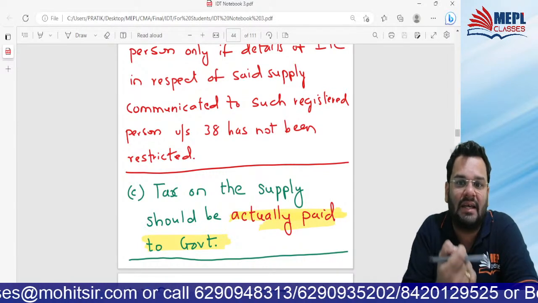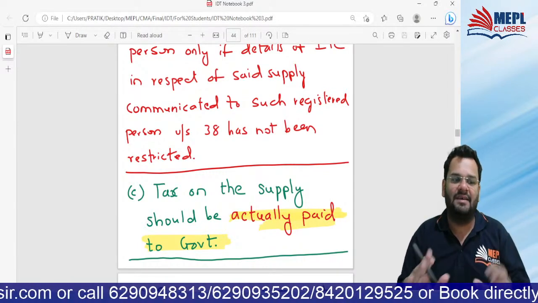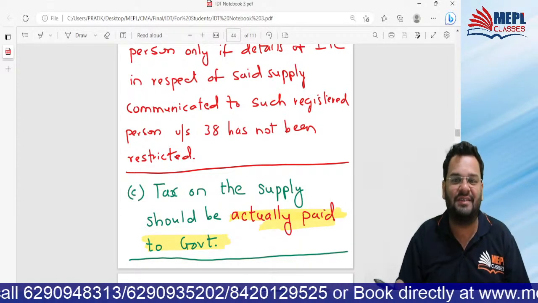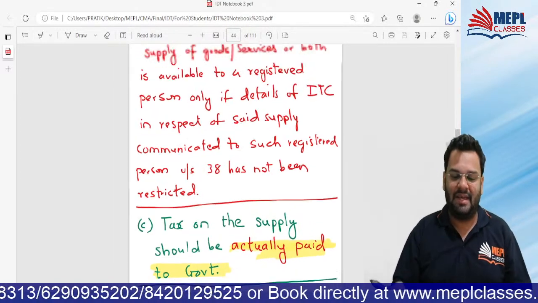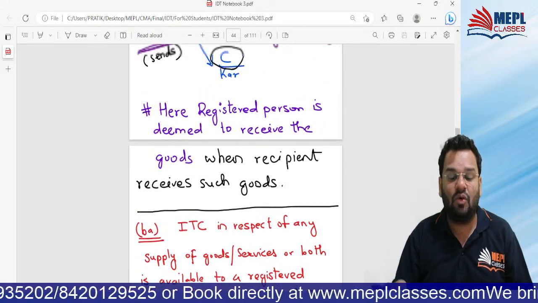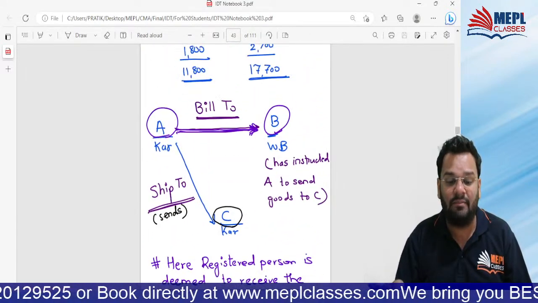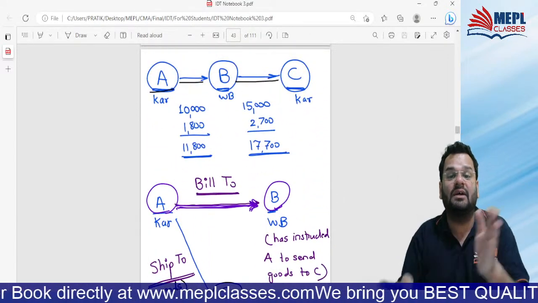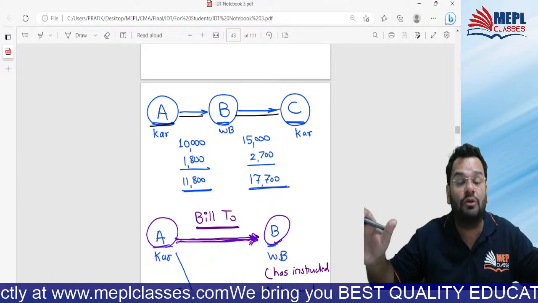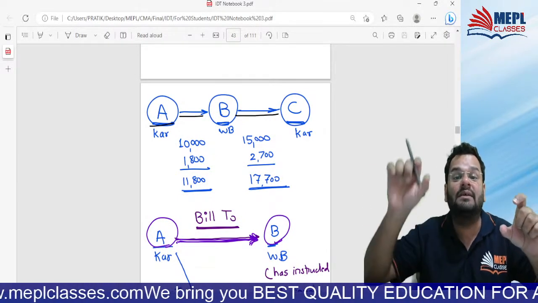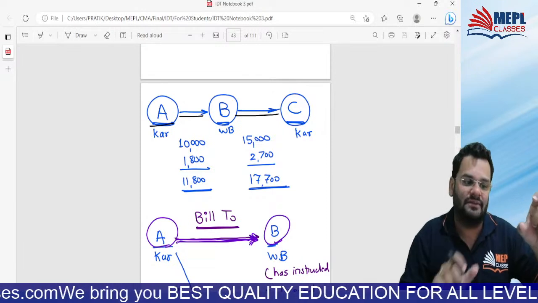Are you clear with these things till now? And whatever ITC we claim gets credited to a ledger on the common portal. That ledger is called the e-credit ledger.